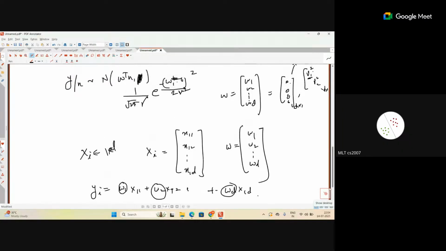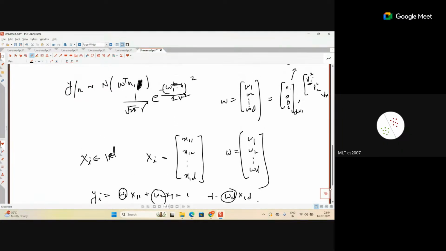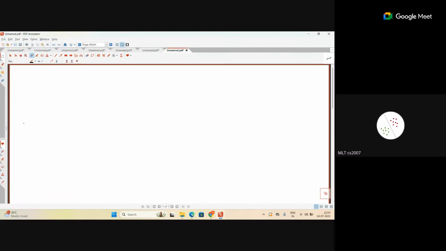I think in MLF we had the concept of joint normal distribution, multivariate normal, bivariate normal, if you remember. Each wi is normally distributed with mean 0 and variance gamma square.